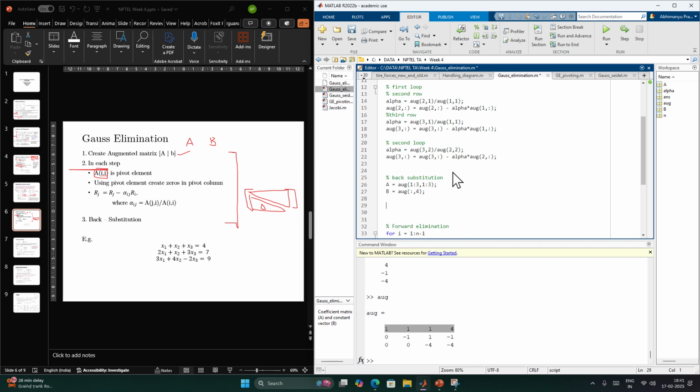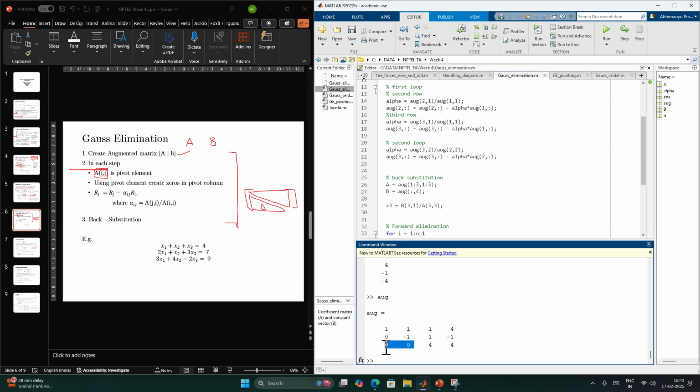Now x3 would be b(3,1) divided by a(3,3), right? Because the rest of my elements are 0 for this A matrix. So these two elements are 0.